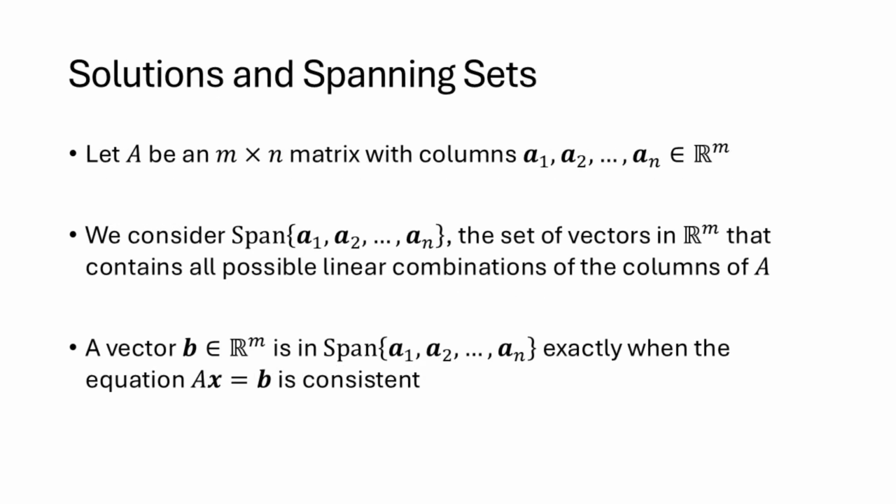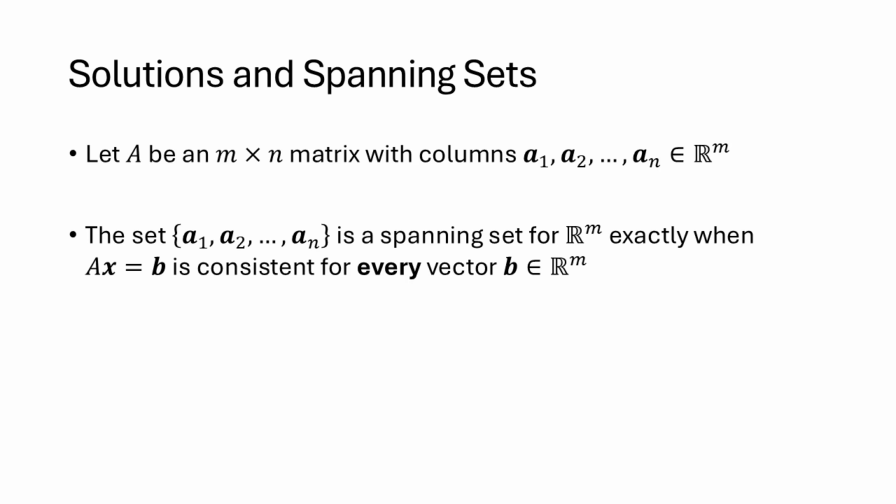So if A is an m by n matrix whose columns are A1, A2, all the way up through An, we can consider the span of those vectors, which is the set of vectors that contains all possible linear combinations of the columns of A. And a vector B is in that span exactly when Ax equals B is consistent, when there is a vector x that we can multiply A by to get B as a result.